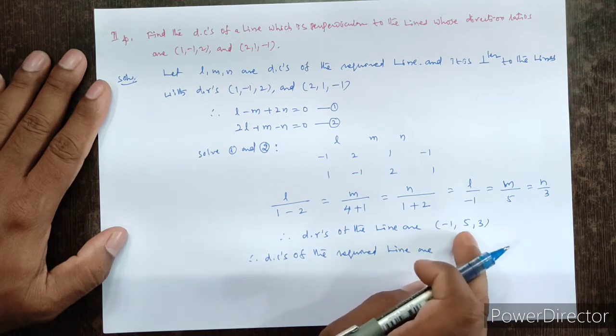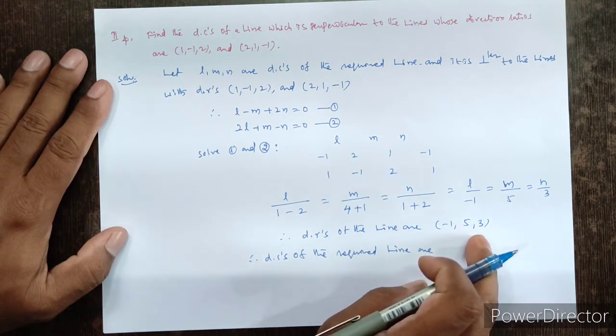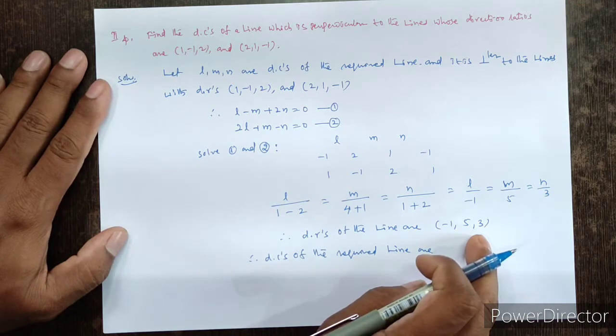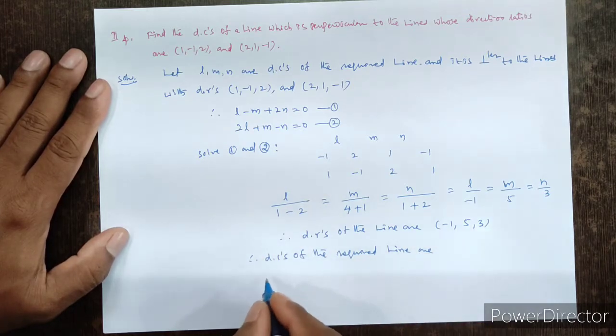If x, y, z are the direction ratios, then the direction cosines are x by root of x square plus y square plus z square, y by root of x square plus y square plus z square, z by root of x square plus y square plus z square. So already we had the formula.